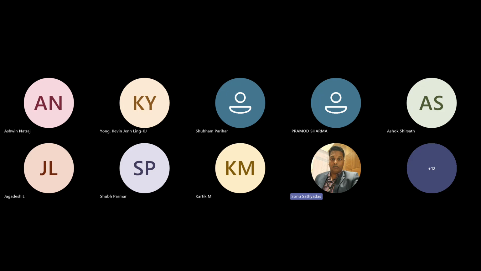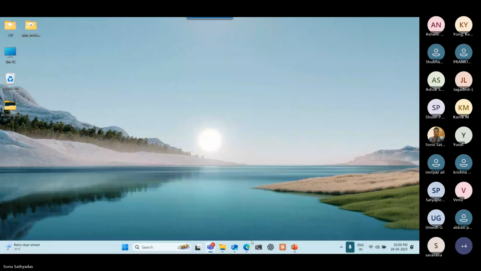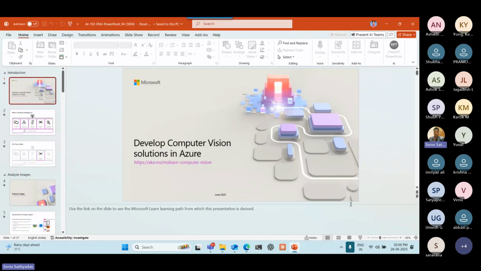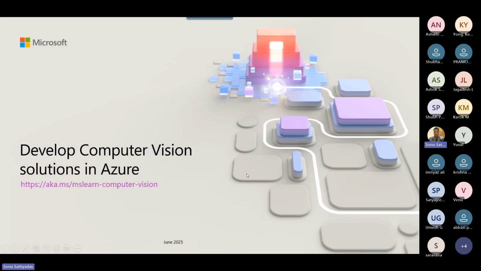Okay, so let's continue the session. So we have discussed some aspects of Gen AI. And as I said, it's a module that we have to cover the whole day. But since this is just a one day session, we are not going into all aspects of Gen AI.